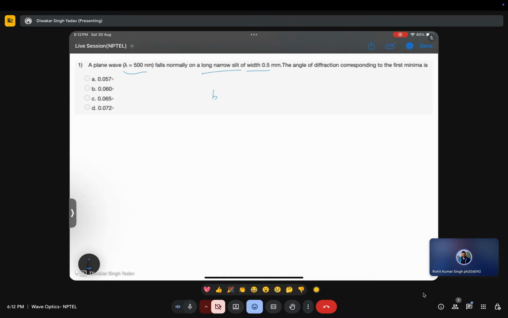So slit width is given, lambda is given. The angle of diffraction corresponding to first minima is. So for the first minima, it's asking the angle of diffraction. How to calculate?